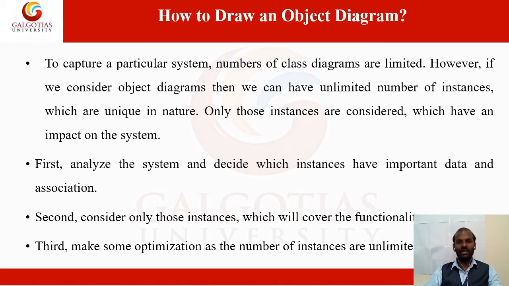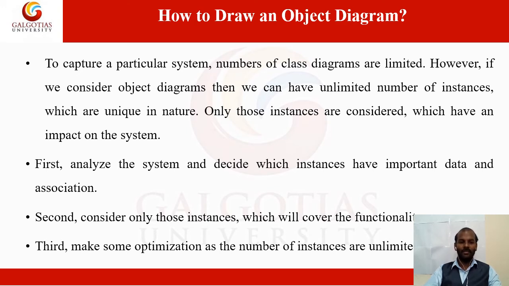software based upon the problem statement taken from the customer side, by whoever is gathering the requirements from the customer, and they put it into a proper manner to plot a proper object identification. Analyze the system and decide which instances have important data and association.